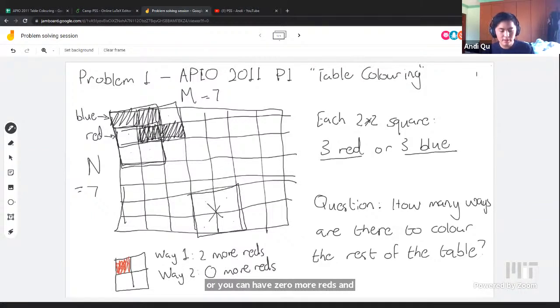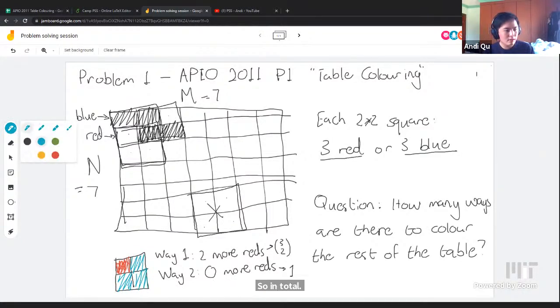From the first way, there are 3 choose 2 ways to choose the 2 red cells to color in. For the second one, there's just 1 because all of these have to be blue. So in total, there are 4 ways to color in this table if only this cell is colored in at first.